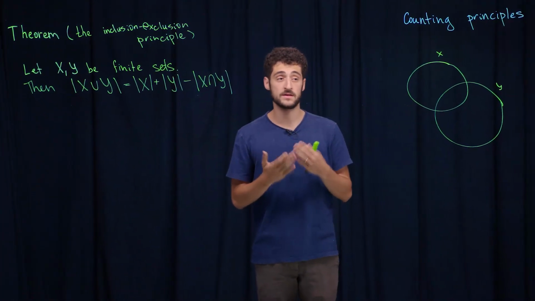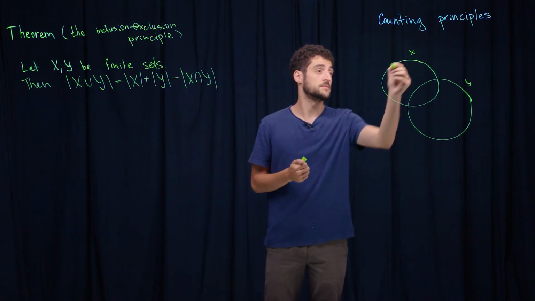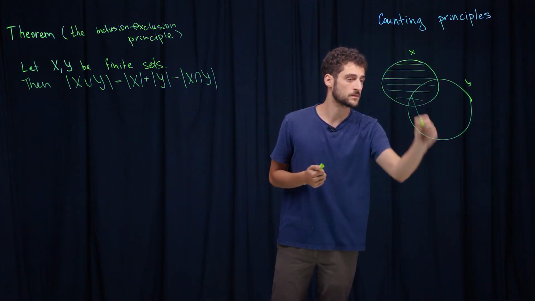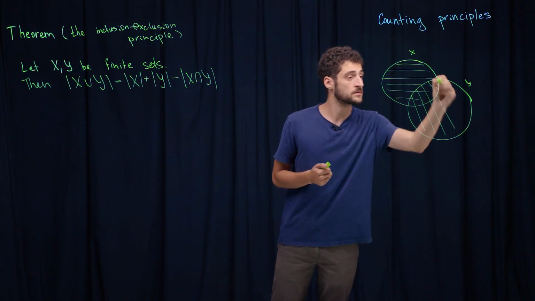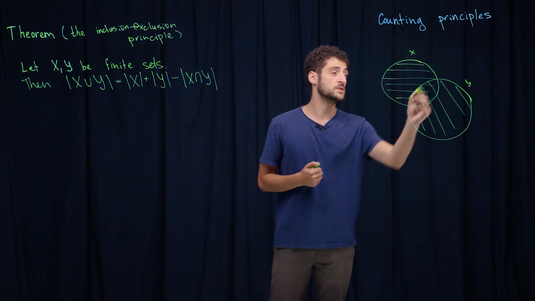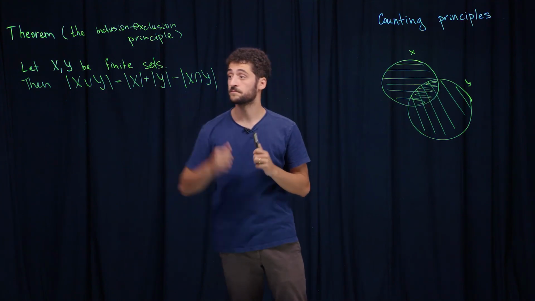It can be explained very easily. Imagine you have two sets, X and Y, and you compute the sum of their sizes. Note that this area, the intersection, is counted twice, so you need to subtract it once in order to get the size of the union.